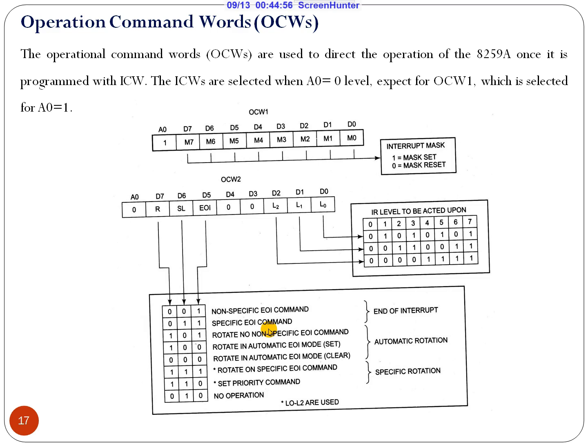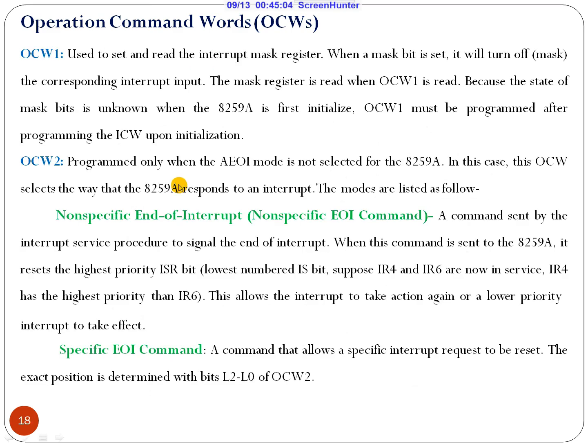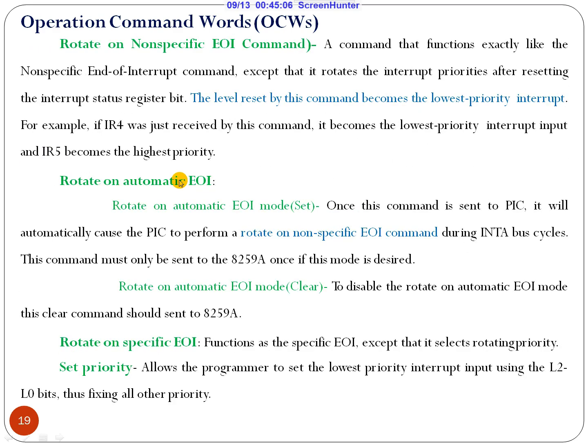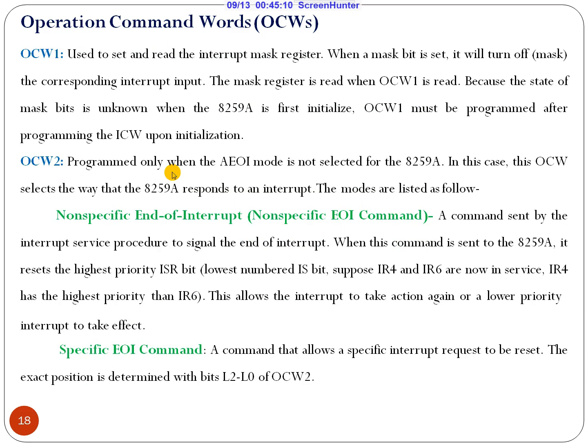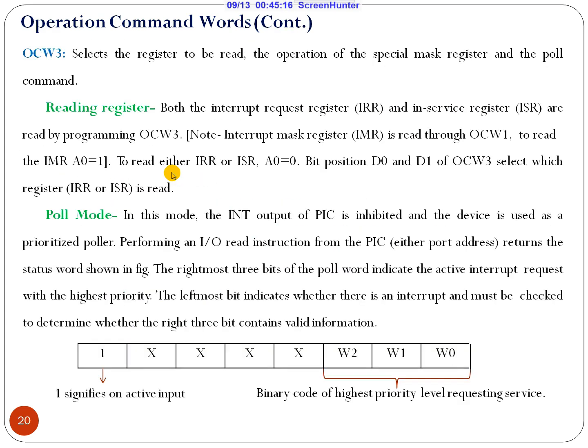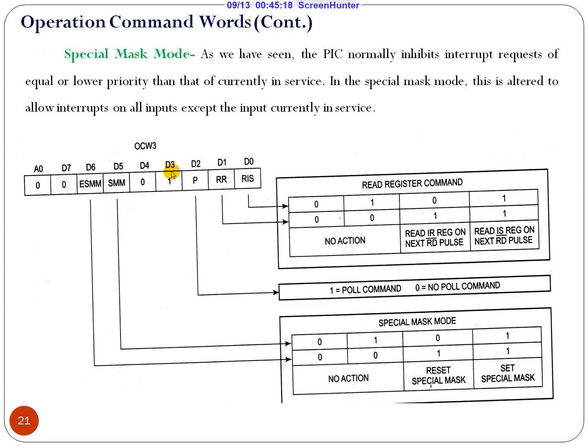Rotate in automatic end of interrupt command, and the others are similar in nature to whatever we have discussed with the non-specific and the specific end of interrupt command. So we can set this kind of operations in the particular operation command words. Here the slides are giving the explanations which we have said.